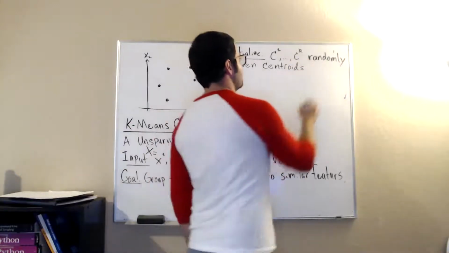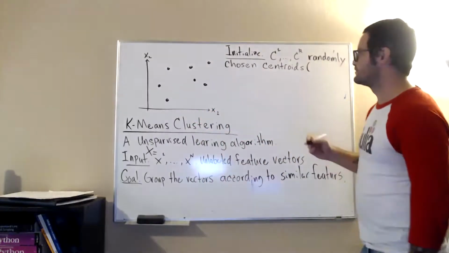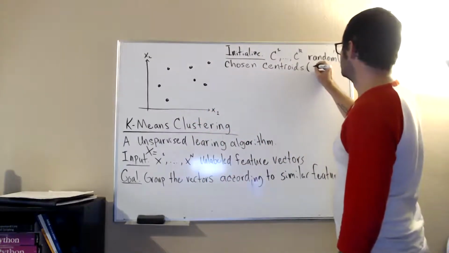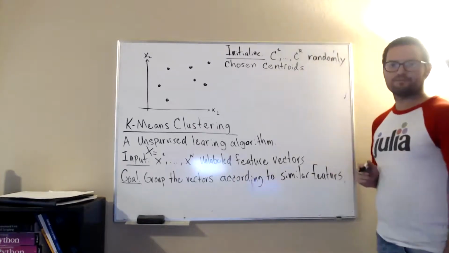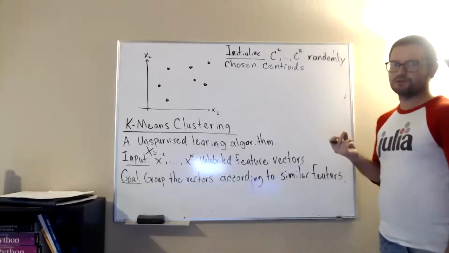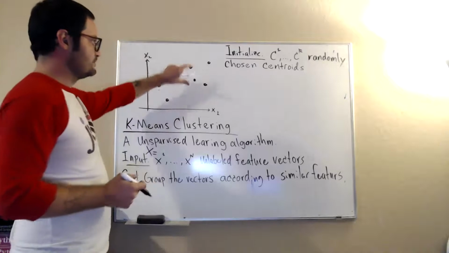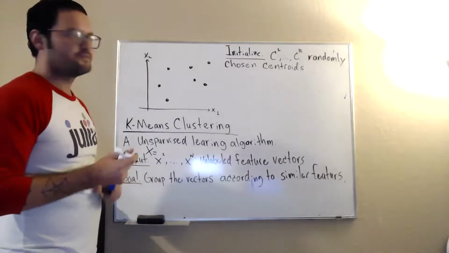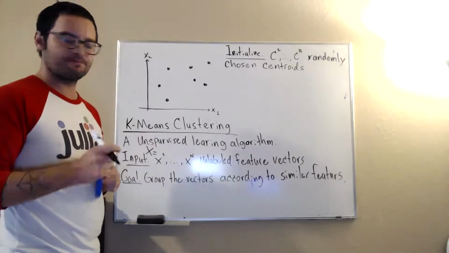And the choice of K is to be determined, so we'll talk about that in a bit. Okay. So we have centroids that are going to, in a sense, walk around our feature space and try to find the centers of clusters.